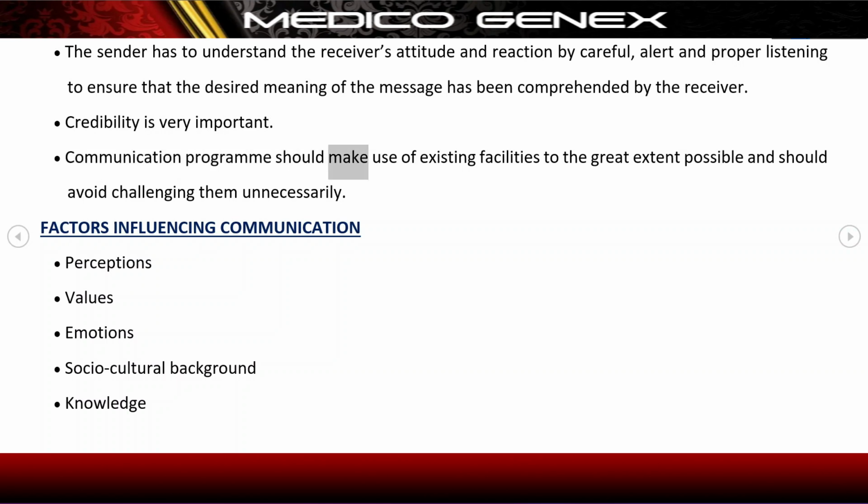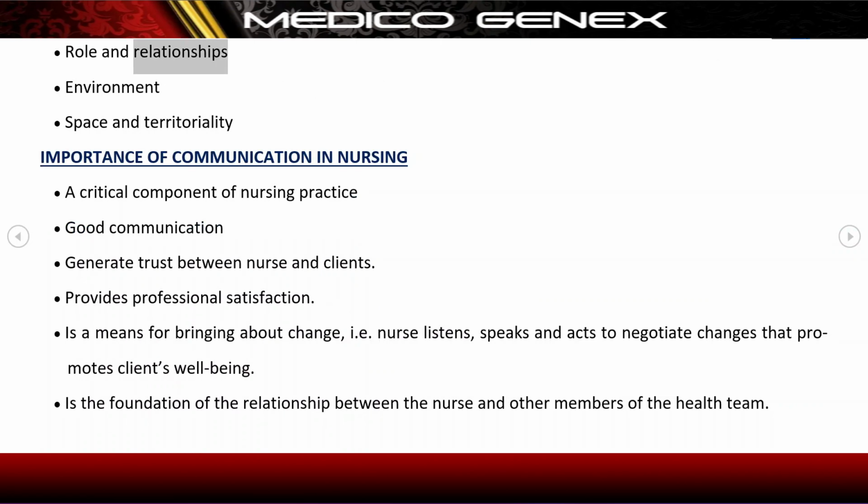Communication programs should make use of existing facilities to the greatest extent possible and should avoid challenging them unnecessarily. Factors influencing communication: perceptions, values, emotions, socio-cultural background, knowledge, role and relationships, environment, space and territoriality.